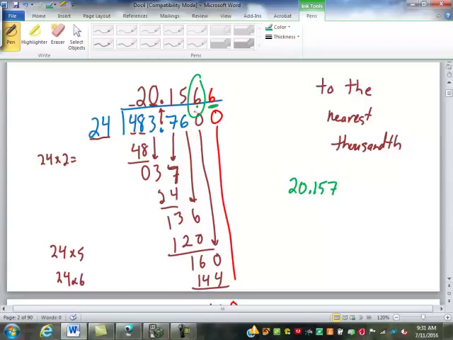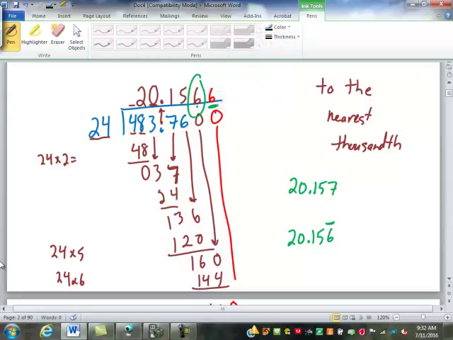In fact, this would be 0.15666666666, right? How would I represent that if I wanted to represent that? Instead of rounding it to 0.157, is there a way I could represent that? Put a line over the top. Perfect. And then the line only goes over the 6 because it's the 6 that keeps going. It's the 6 that repeats.